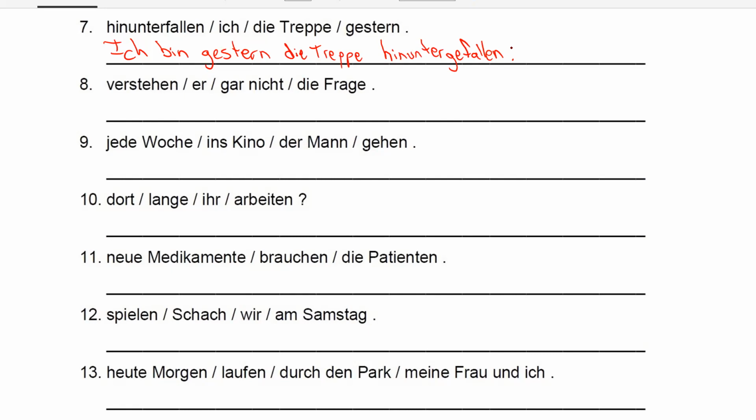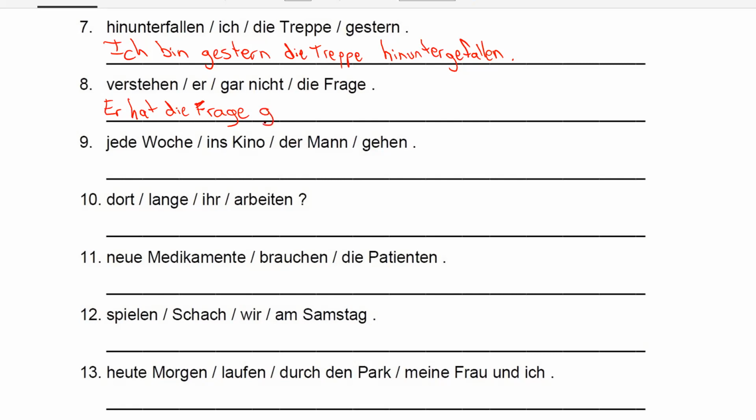In Nummer 8, we have another transitive verb in a statement, and we start with our subject, er. And er is the one that is not understanding something, verstehen. So apparently the something not being understood is the question. And so we have hat die Frage, then the way in which he understood it, which in this case is not at all.